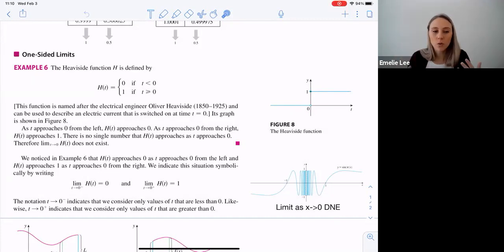So we don't have an overall limit at t equals 0. Okay, so this is talking about at t equals 0. It's an on-off switch, and this is kind of our most basic. The limit doesn't exist, but we do have these individual one-sided limits.